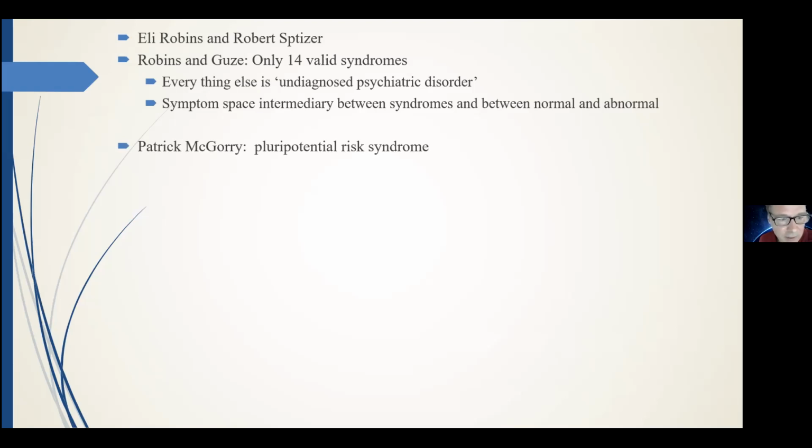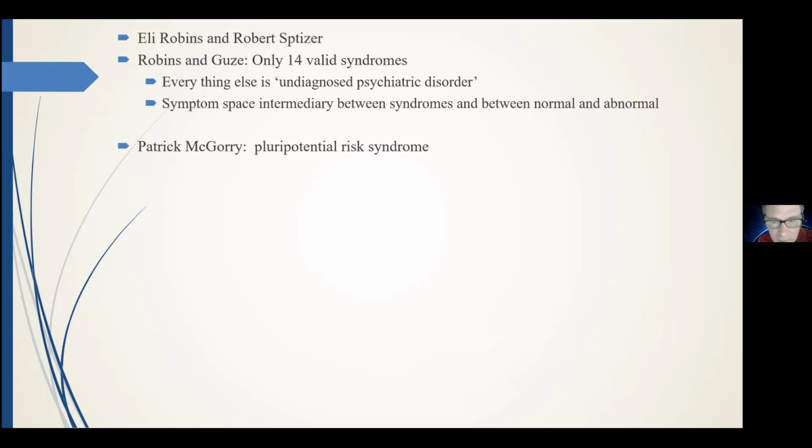And I'm going to discuss Patrick McGorry's notion of the pluripotential risk syndrome. McGorry is a psychiatrist in Australia, and he was studying the schizophrenia prodrome. By prodrome, when psychiatrists and psychologists talk about the prodrome, they mean the early stages of the illness.